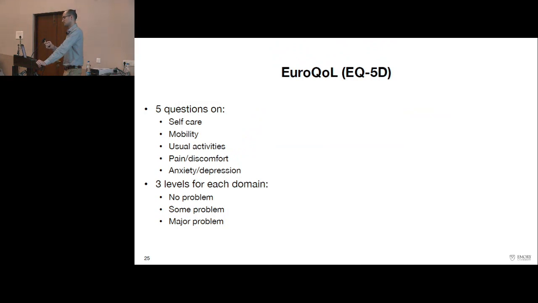And you can present this questionnaire to patients and ask them, imagine you are experiencing this condition. How would you answer these 5 questions? When you collect the questionnaires, you have to pay EuroQol.